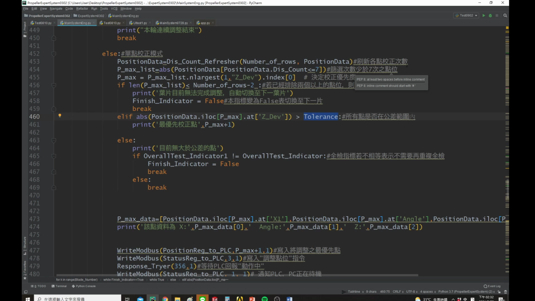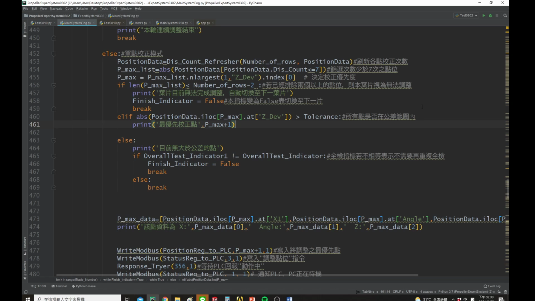But as the tolerance goes smaller, it will be much harder to tune every point under the tolerance. So now we set it to 0.2.